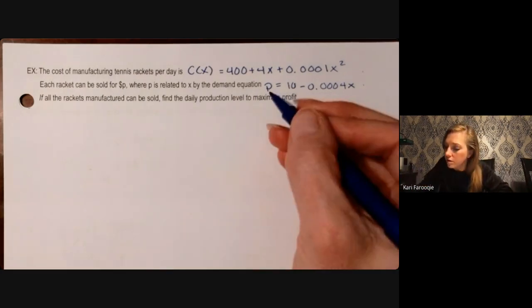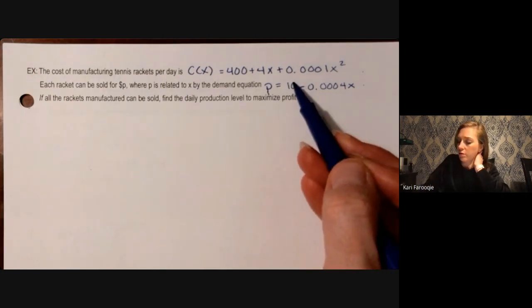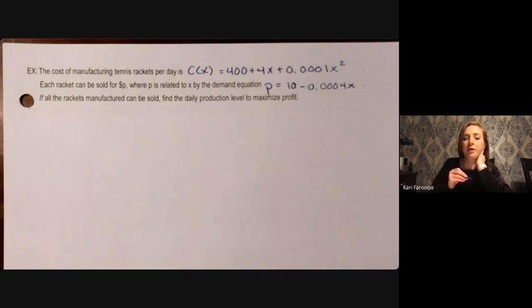That's P. P looks a little not P-ish. So P is related to x by this demand equation. Excellent. That's a 10. If all the rackets manufactured can be sold, find the daily production level to maximize the profit.